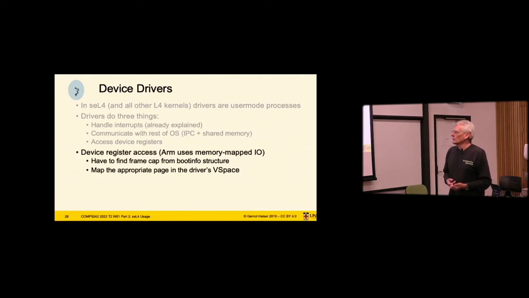As I said, on ARM it's all memory mapped I/O. So your boot info tells you which frame your devices are mapped in, and you basically need to map that frame into the driver's address space, and then you can access the device registers by reads or writes.